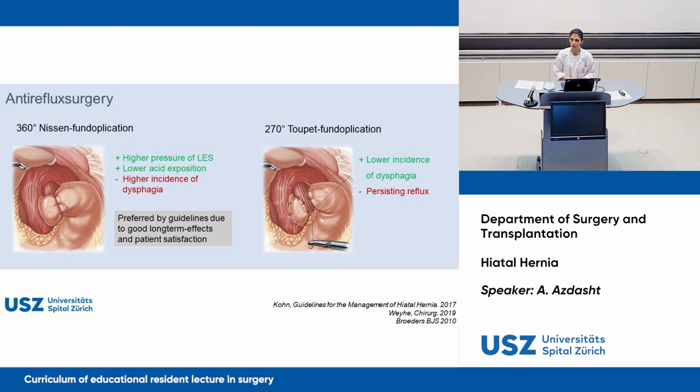We have started robotic anti-reflux surgery. We could not really, at the moment at least, see a relevant advantage of robotics in this type of surgery. But I think this is still a matter to be investigated. It's too early to draw conclusions, and we have to wait until good data are available from the literature.